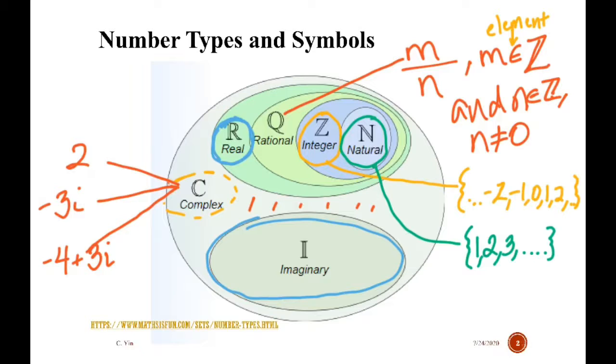The set of imaginary numbers would be just those that have the i in it, like this negative 3i that we saw a few minutes ago. That would fall into this set right here. But the 4 plus 3i is a mixture of real and imaginary, so that would be in this set that you see in gray that's not inside of any of these other circles.